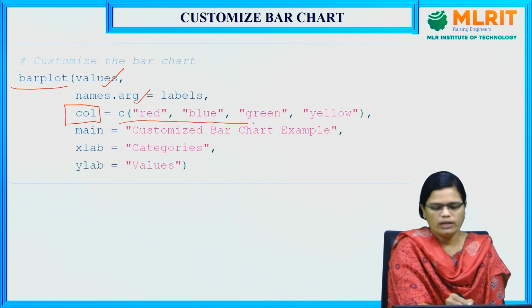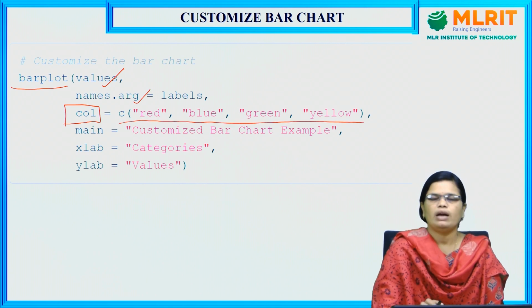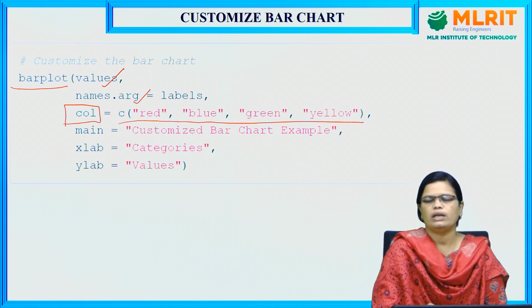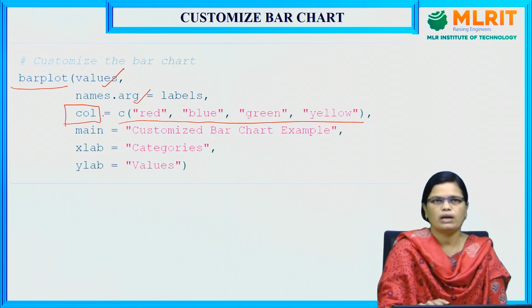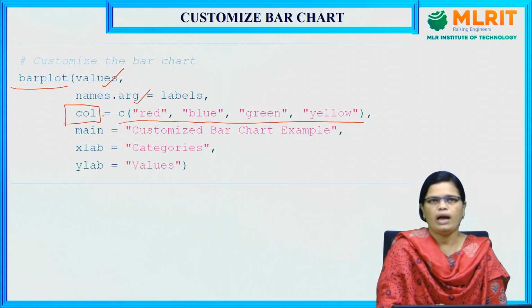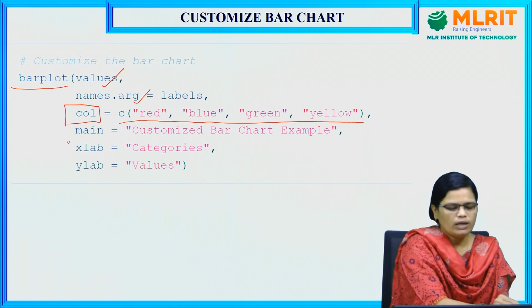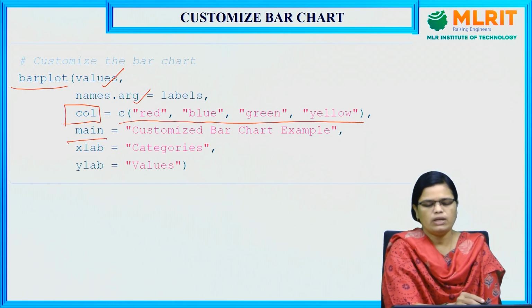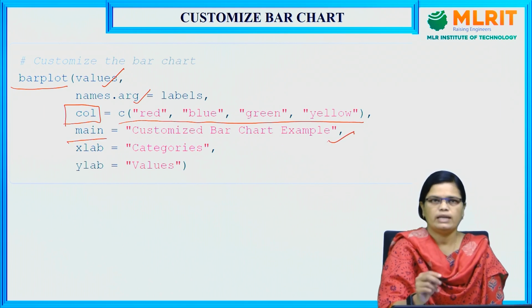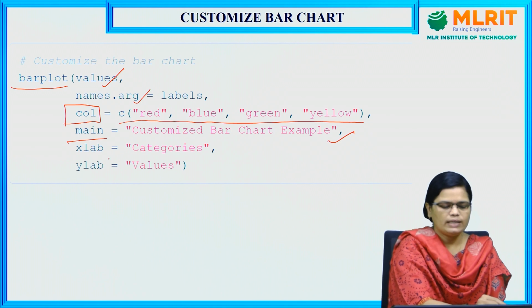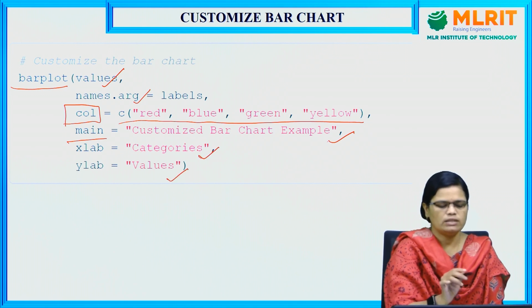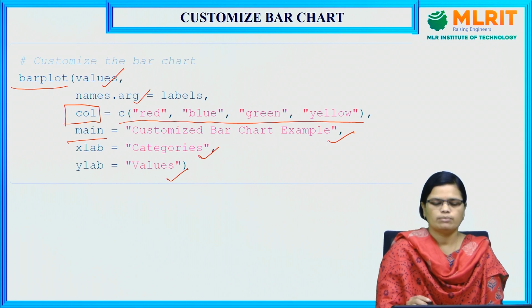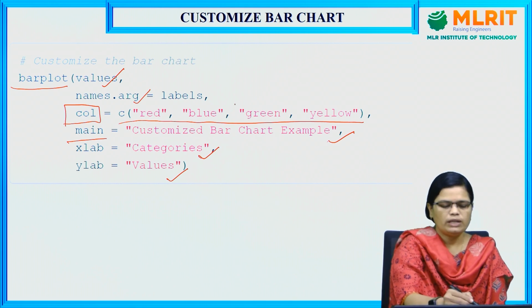The color vector we have taken like this: red, blue, green and yellow, and this color vector we are assigning into the color attribute. And we are naming this one as customized bar chart example, and at the x-axis we are displaying the categories, and at the y-axis we are displaying the values. So you can give the names.